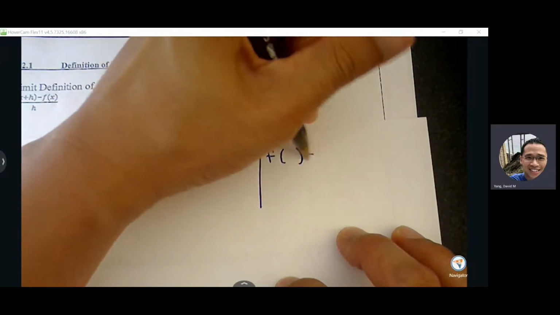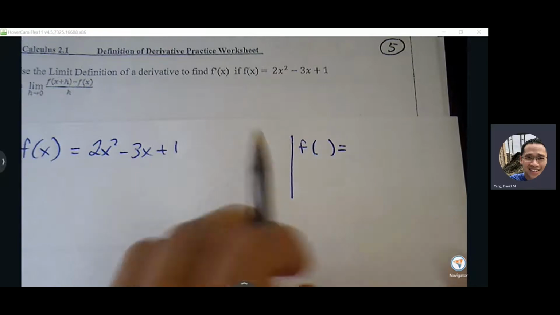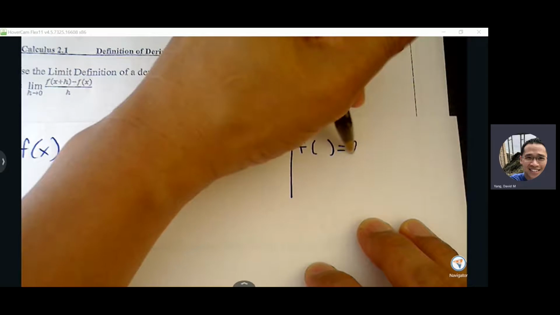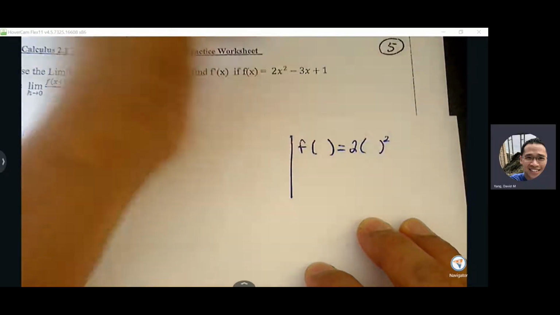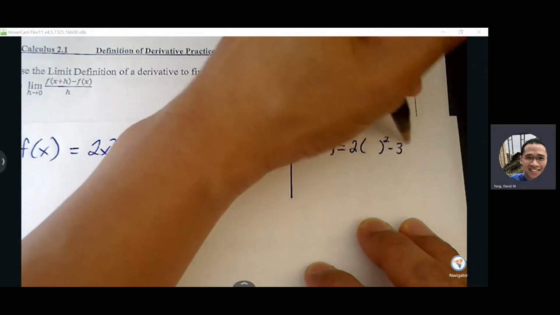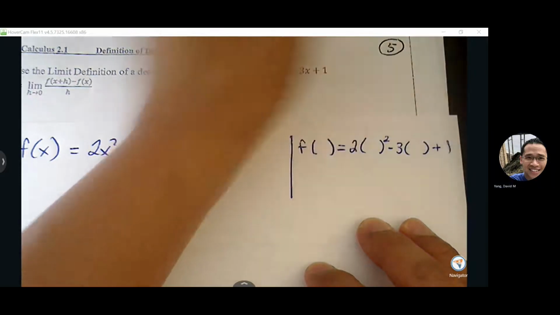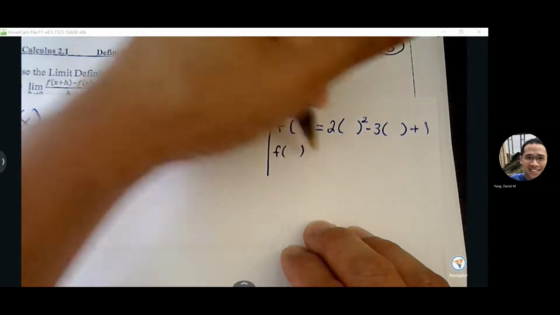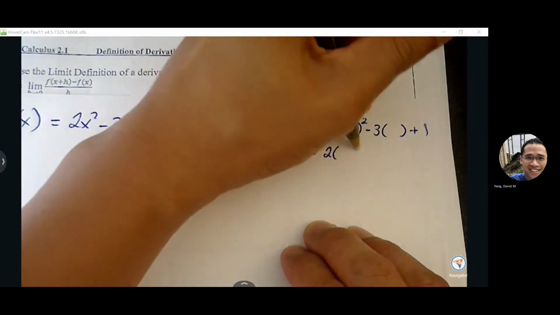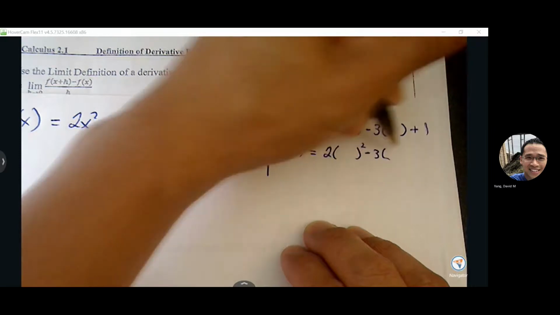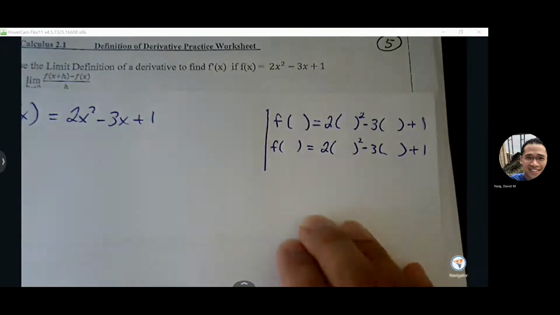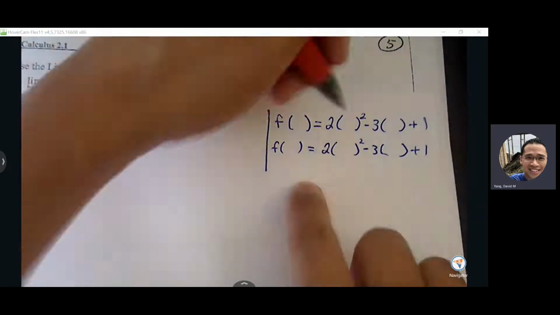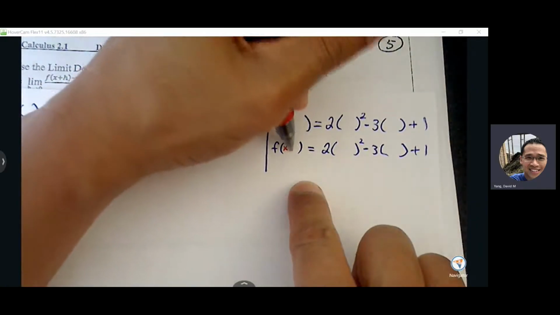I'm going to rewrite my function and replace all the x's with a set of parentheses because I am saving that space for my new argument to help me build my f of x plus h. So now if we do this, we're not going to make a mistake because there's only one place that we can put the x plus h, and it's inside those parentheses.